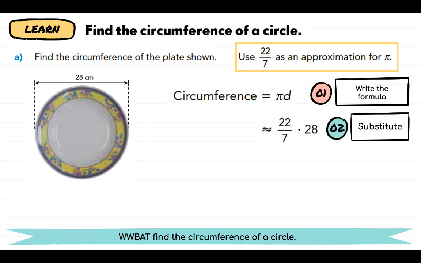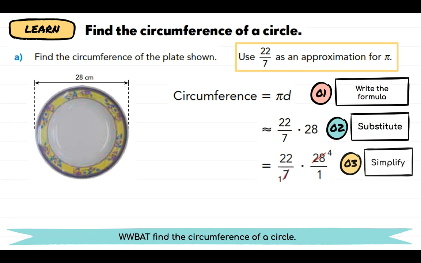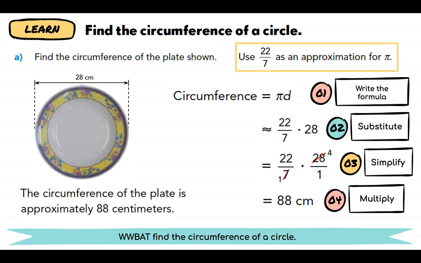Then I substituted the value of pi with the approximation 22/7, and the diameter, which is 28 centimeters. Then I simplified by dividing 28 and 7 by their common factor, which is 7, and then I multiplied. So the circumference of this plate is approximately 88 centimeters.